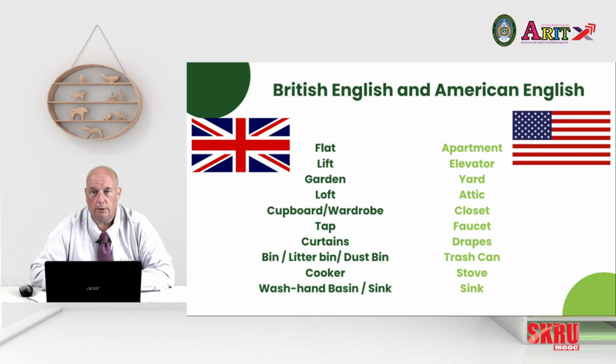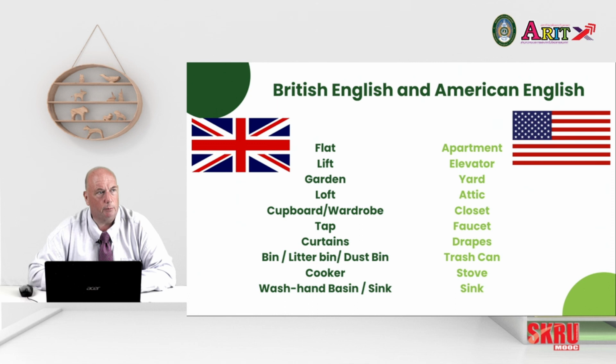The loft, the room above the house, usually in the roof. The attic. Cupboards or wardrobes. In Britain, you'll often find Americans would refer to as a closet. At the sink or on the bath, we would have a tap in Britain, and in America it would be the faucet.